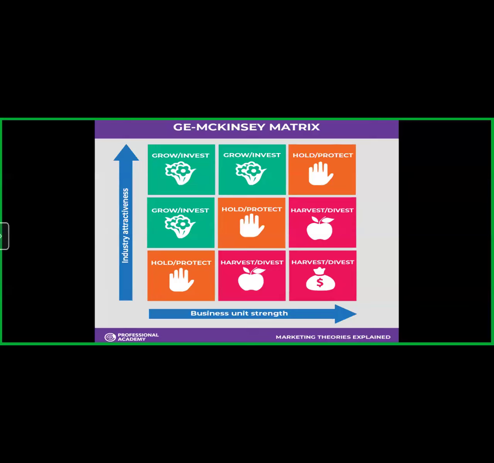Now here, green, orange, and red, you can see. Green indicates grow and invest. So more or less the same principles are applied which are applied in the BCG matrix. The green indicates two terms: the first one is grow, and the second one is invest.